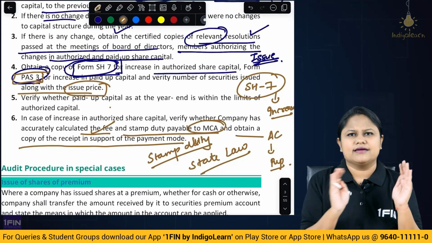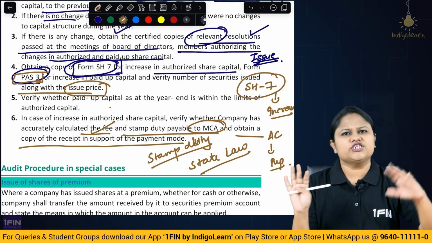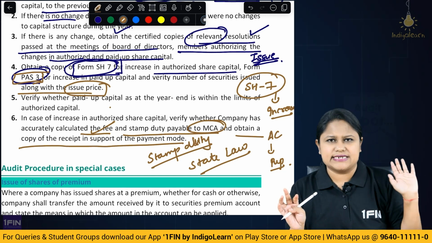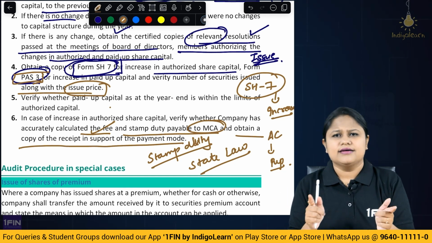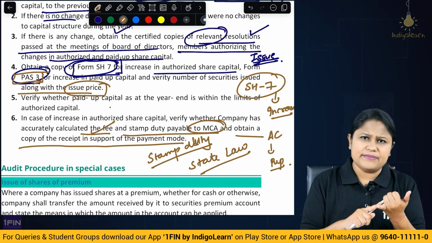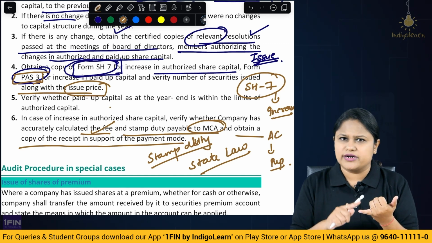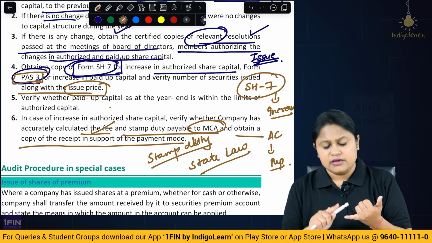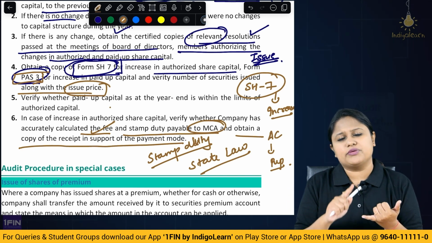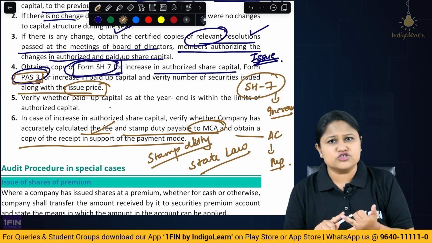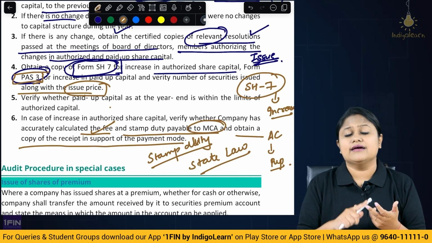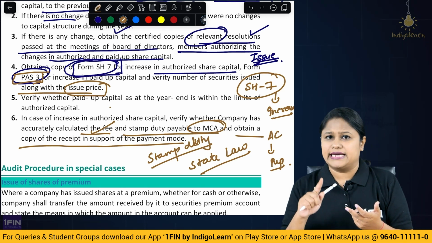Yes. What are they telling? First, compare. If there is no change, obtain written confirmation from whom? The company secretary, a written representation. If a change is there, then for issue of capital, all the resolutions, board resolutions and shareholders' resolutions, have to be passed, and obtain a certified copy of them. If it is an issue of capital, it should be within the authorized capital, and we also have to check that, correct? When there is an issue, you have to file the return of allotment with ROC, PAS3.